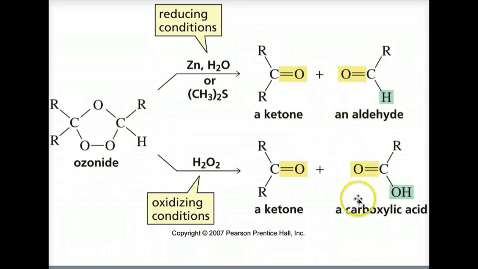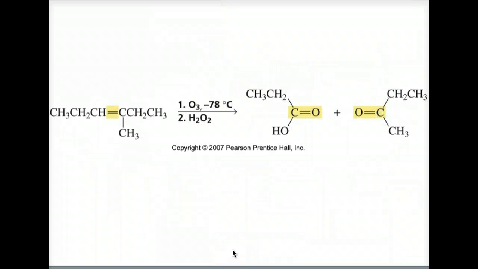Down here we have oxidation in oxidizing conditions. We have to remember that cleaving the ozonide in the presence of zinc or dimethyl sulfide is called working up the ozonide under reducing conditions. Also, cleaving the ozonide in the presence of hydrogen peroxide is called working up the ozonide under oxidizing conditions. Okay, let's move on here.